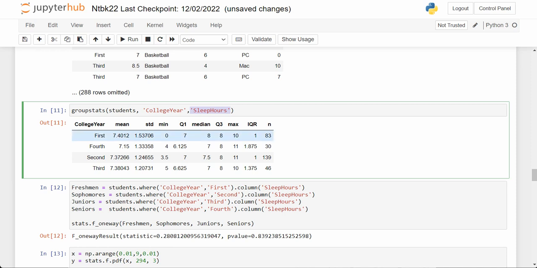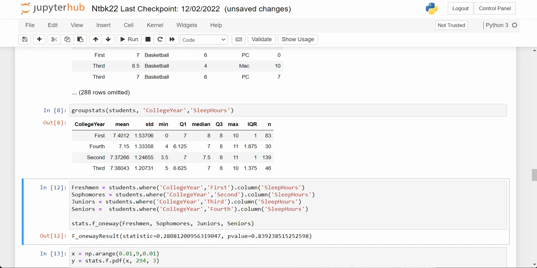Okay. So notice that the college year is either first, second, third, or fourth. We don't have freshman, sophomore, junior, senior. We have first, second, third, and fourth. And the group stats, remember, you put the table name first, the grouping variable second, and the third thing that goes in is the numeric variable. Okay, and look at the means. The means are averages for hours of sleep.